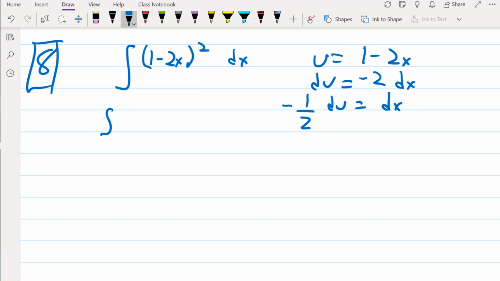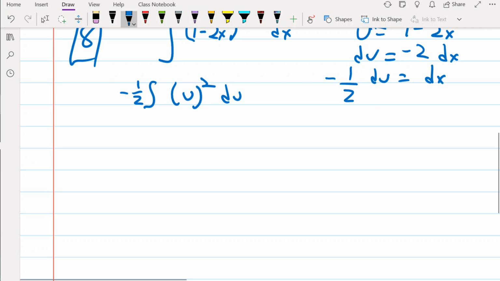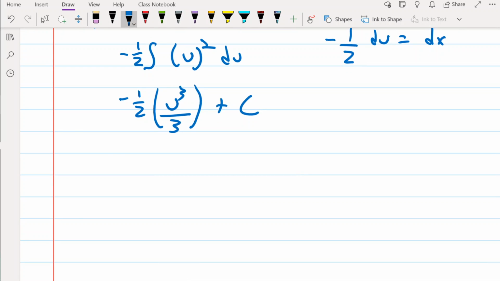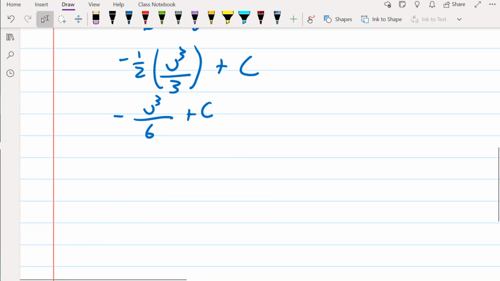Then we substitute: the integral of u squared du with the opposite 1 over 2 brought out to the front. Then we integrate and add C, which gives opposite u cubed over 6, and then we substitute back in for u.